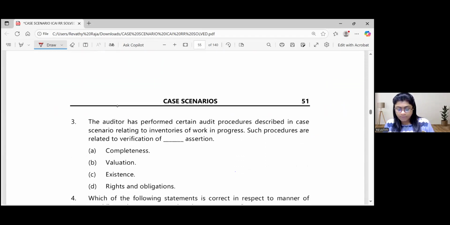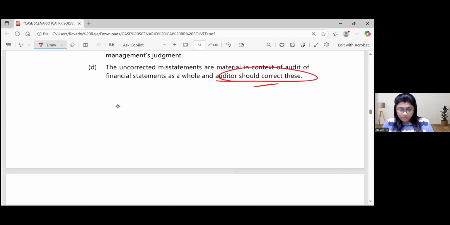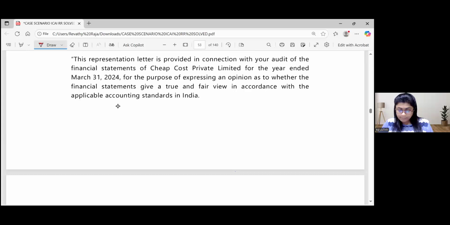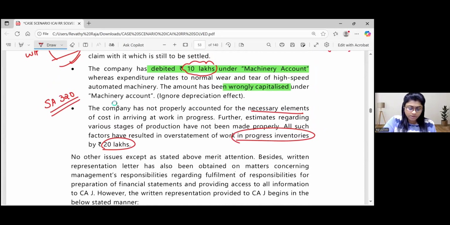Okay. Next one. The auditor has performed certain procedures described in the case scenario pertaining to inventories of work in progress. Such procedures relate to verification of dash assertion. Again assertion. Every question is assertion now. Where is work in progress? Here only we just read. The company has not properly accounted necessary elements of cost in arriving at the work in progress. Further, estimates of work in progress stages have not been properly arrived at.